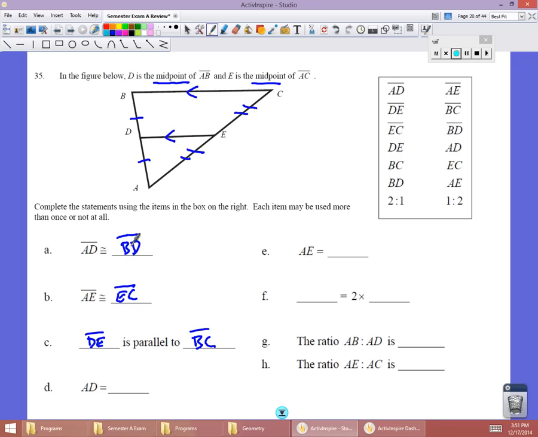In this case, it's still going to be BD, but we're going to write it as a length. So if AD was 8 units, then BD would also be 8 units. Those side lengths are equal, whereas when we write them out as line segments, we would say the two line segments are congruent to each other. Similarly, the length of AE is equal to the length of EC.